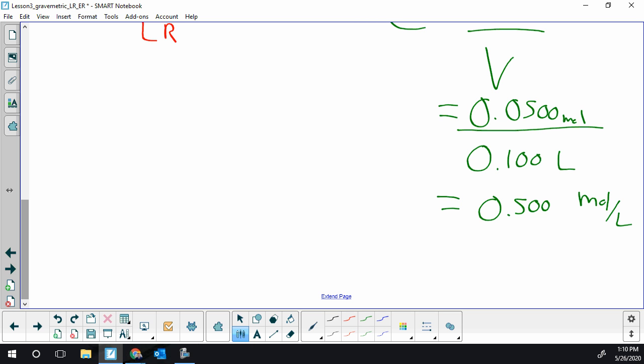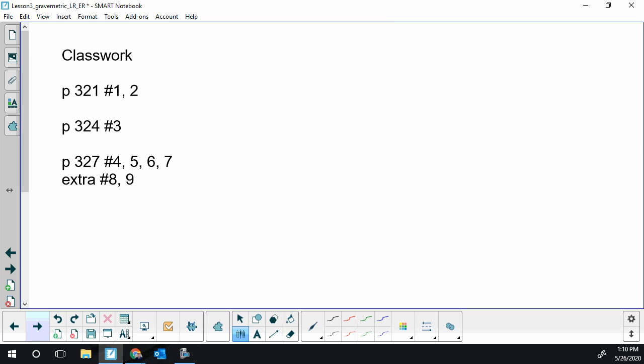So for practice, there's some questions in the textbook, and a lot of students, if you have your paper workbook at home, like working in that, and page 83 is filled with limiting and excess reagent questions. I just didn't go through, and please omit any gas questions.